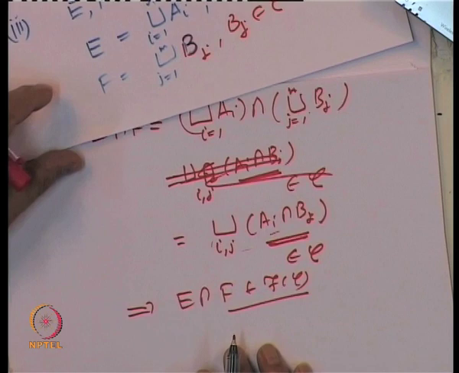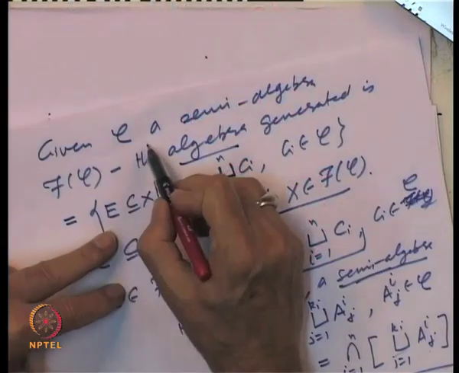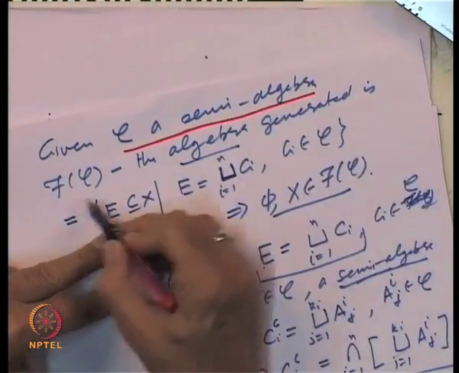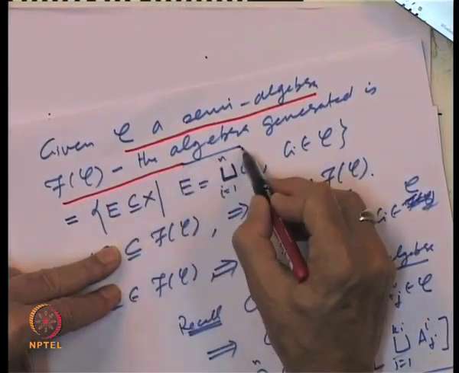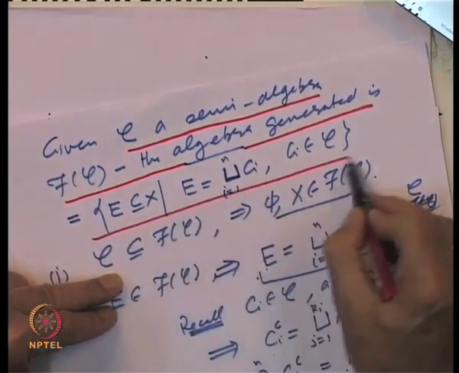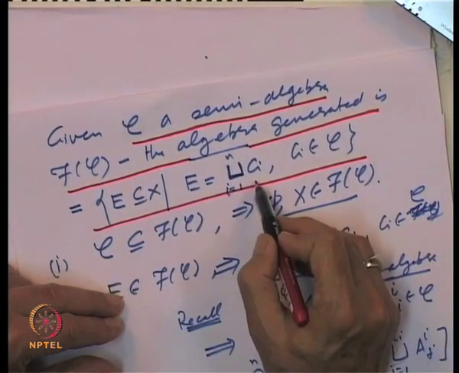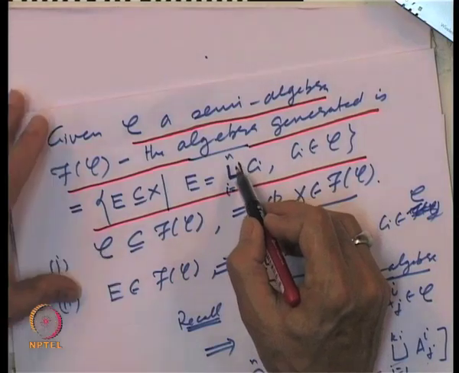So, what we have shown is the following, namely if C is any semi-algebra, and we look at the collection of subsets which are finite disjoint unions, then this includes C and is an algebra.